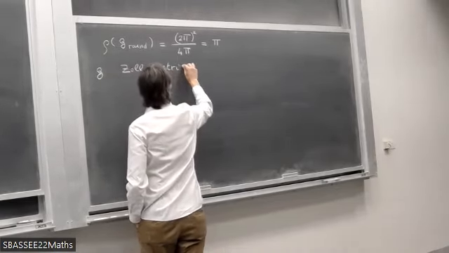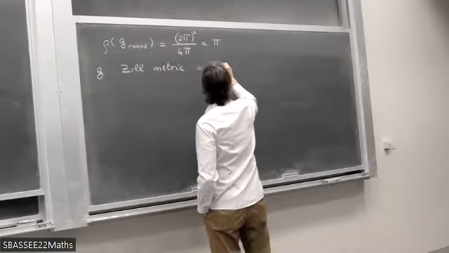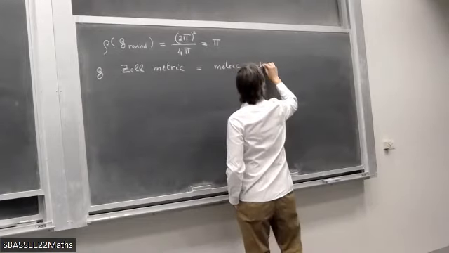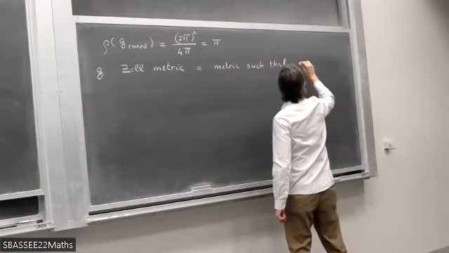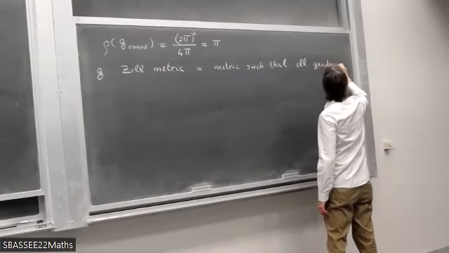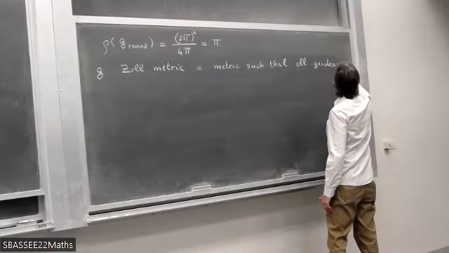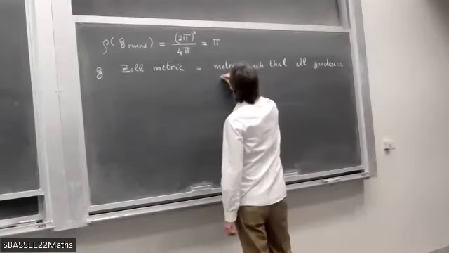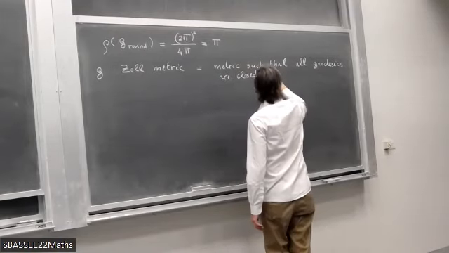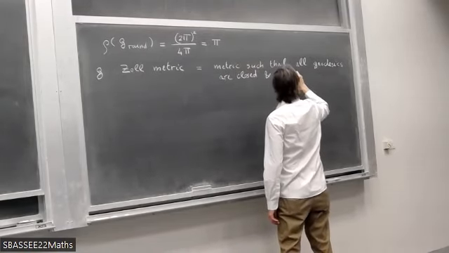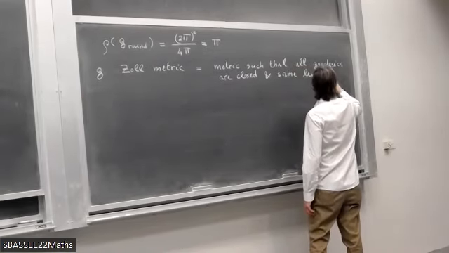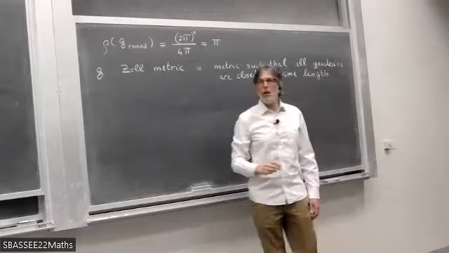Zoll metric means this: it's a metric such that all geodesics are closed and have the same length.